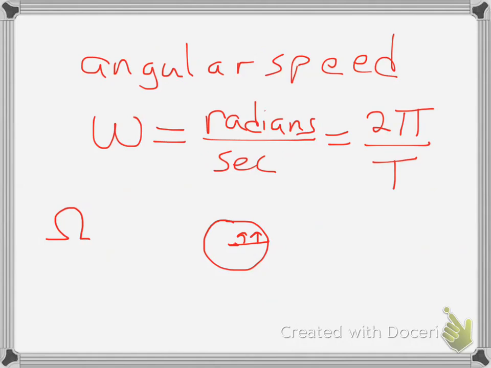So the larger the radius gets, the larger the tangential velocity.